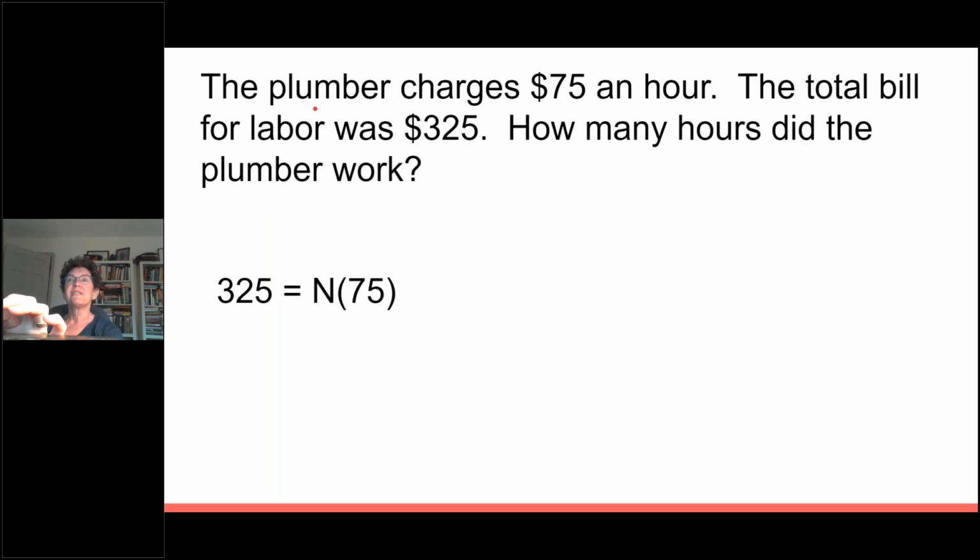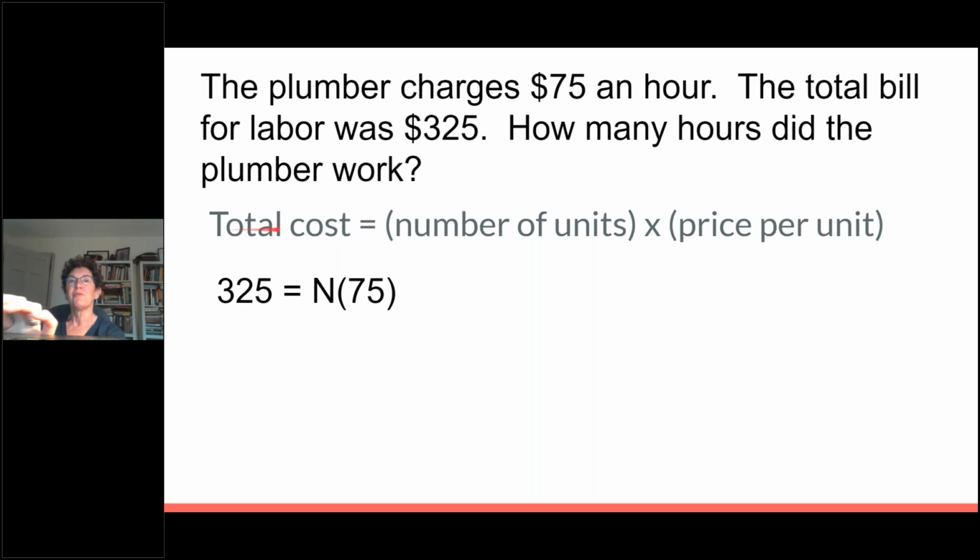The plumber charges $75 an hour. The total bill for labor was $325. How many hours did the plumber work? So here we know the total cost and we know the price per unit. So here's the formula. The total cost is the number of units times price per unit.